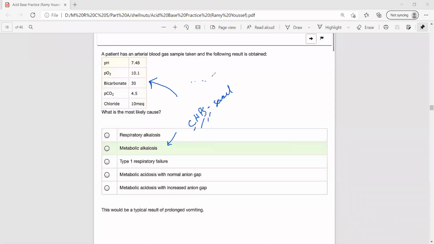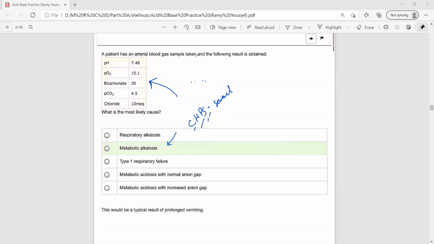Is it clear? This is one of the more difficult questions because you have to read the numbers as fast as you can.